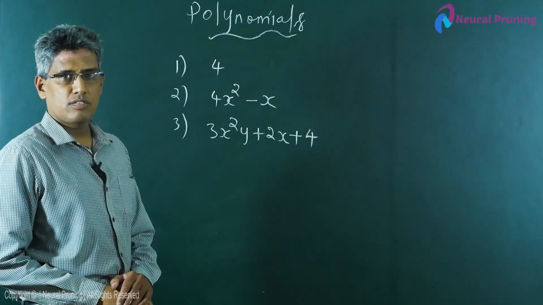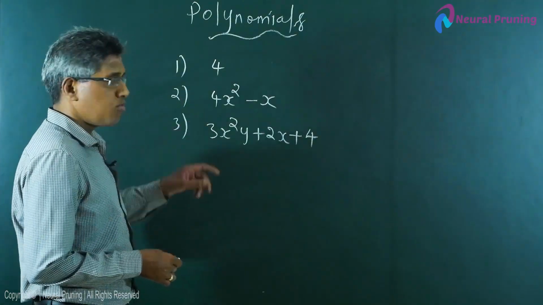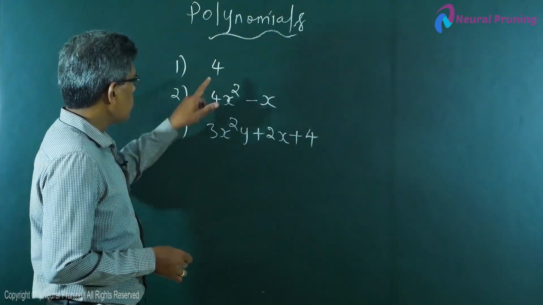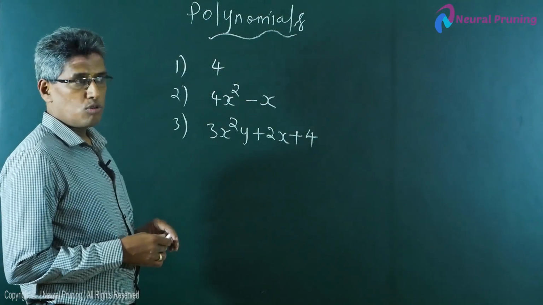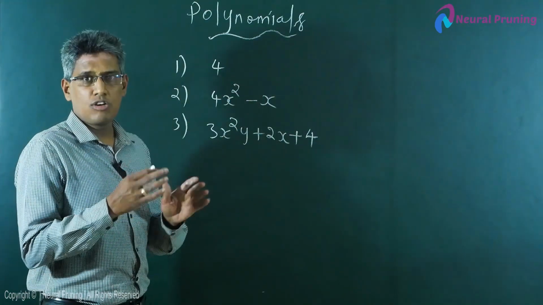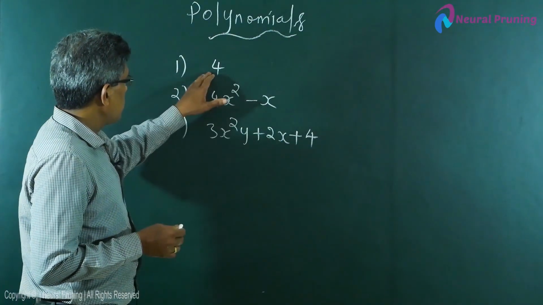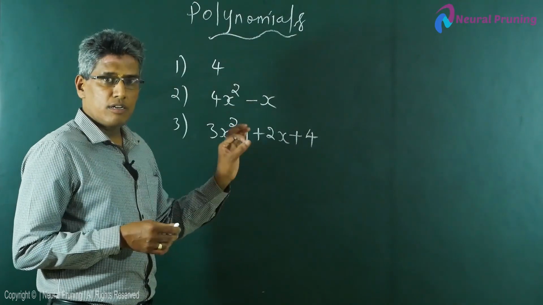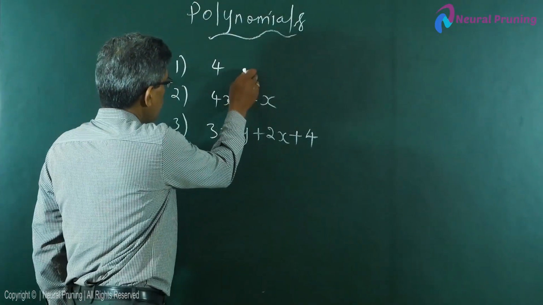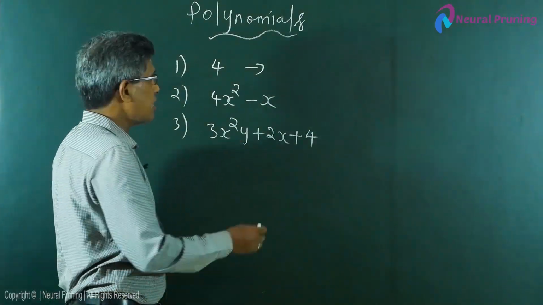In the next set of examples that you see on the board, the first happens to be the constant 4. We have already discussed regarding any constant term as a polynomial. We also observe here that it is not associated with any variables.